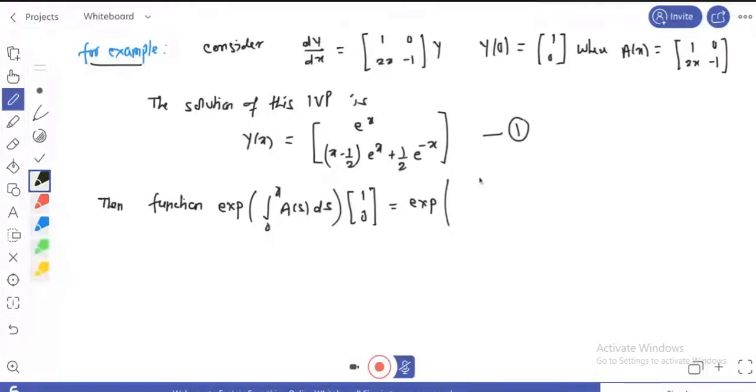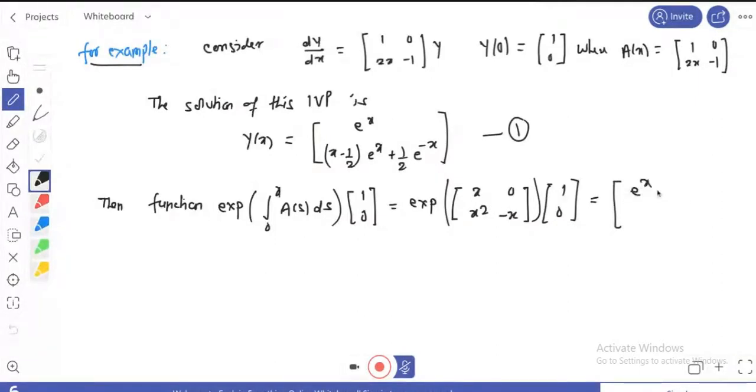So integral of that gives x, and here 0. The integral of 0 is 0, and 2x square by 2 is x square, and this is minus x. So the integral of this matrix, the exponential of that, multiplied by the initial vector (1, 0).